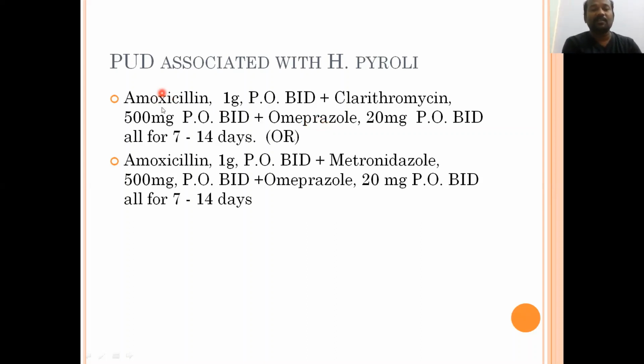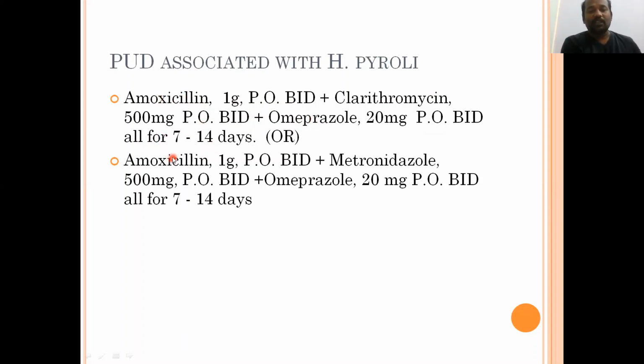So the treatment includes amoxicillin 1 gram orally twice a day plus clarithromycin 500 mg orally twice a day plus omeprazole 20 mg orally twice a day. This three-drug combination is given for 7 to 14 days. A 2 week treatment should be necessary.